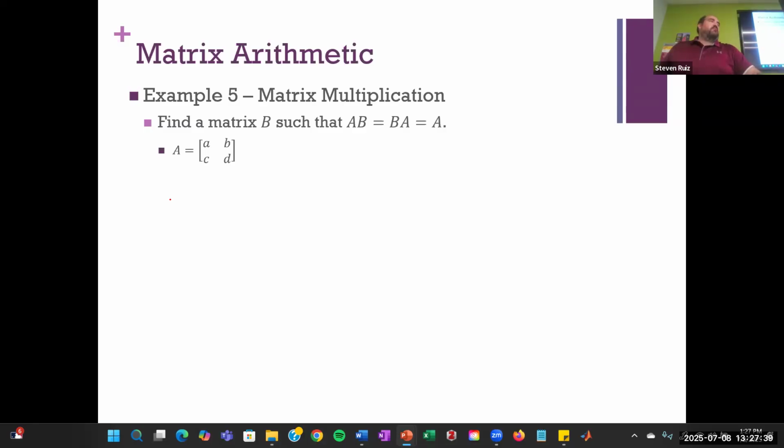If A is a 2 by 2, and I want the product to be 2 by 2, I have to multiply it by another 2 by 2. So I'm going to multiply this by something, and what I want to come out is a, b, c, d again.